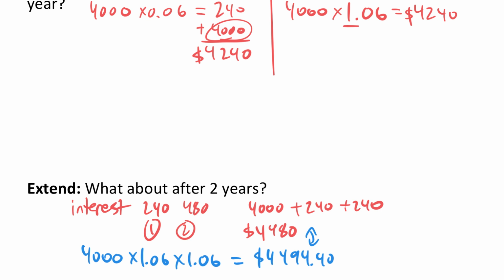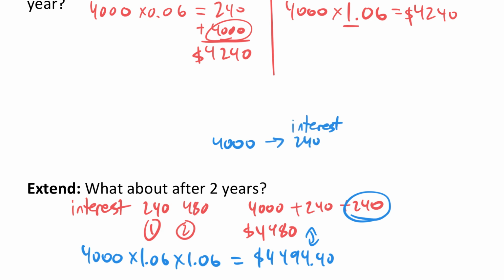And you might ask, well, why are we getting more in this option than in the first one? Well, in the first one, we're just getting $240 each year of interest, but that's not the most accurate way of calculating the interest, because in the first year, you have $4,000 in your account, and you get $240 of interest.